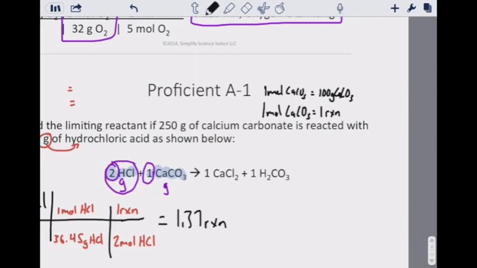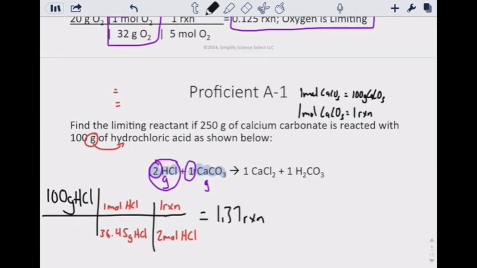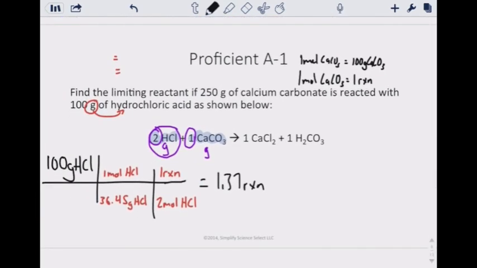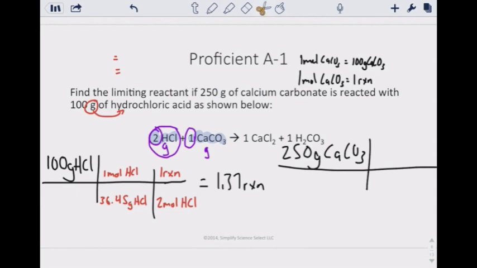Now remember, what do we always start with? We start with what it gives us in the problem, so we're starting with 250 grams of CaCO3. Set it up, and we see grams on top, so grams goes on bottom, and that would be 100 to 1 mole.